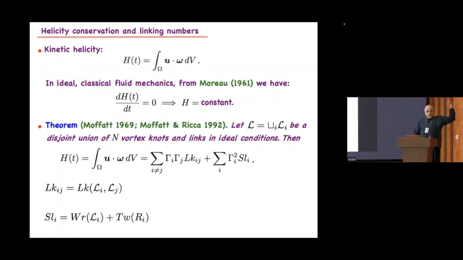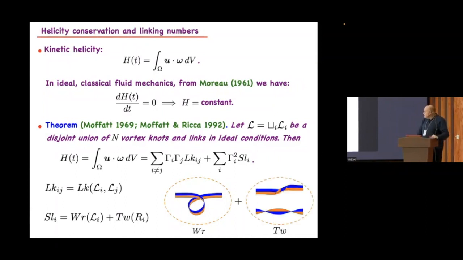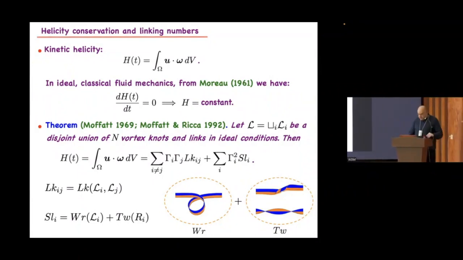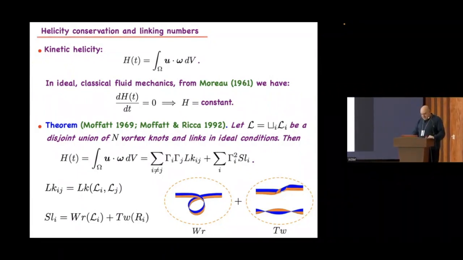If you think of a ribbon based on the axis of your vortex, then the writhe gives you information on the folding of this ribbon in space, whereas the twist takes care either of a localized torsion or a combination of torsion and rotation of this ribbon along the axis.